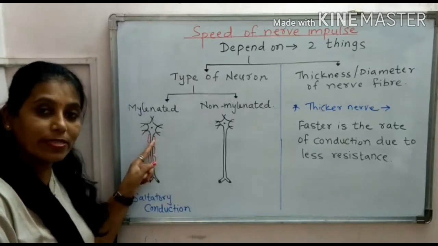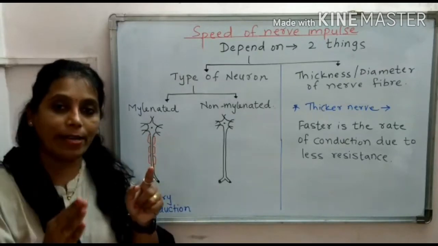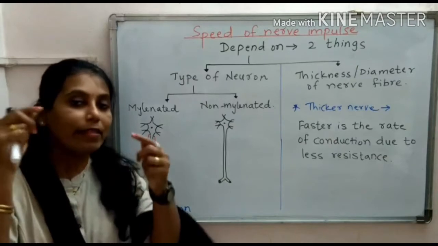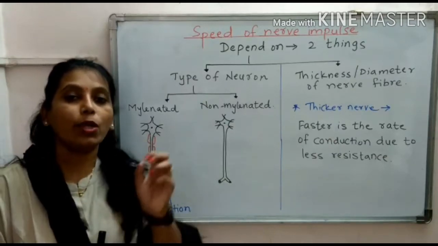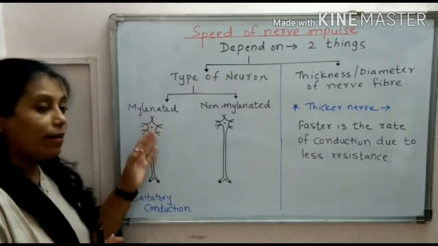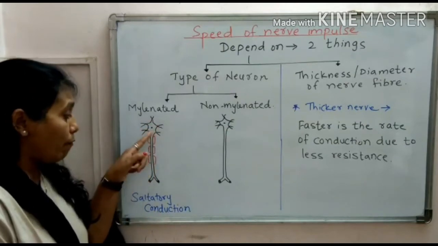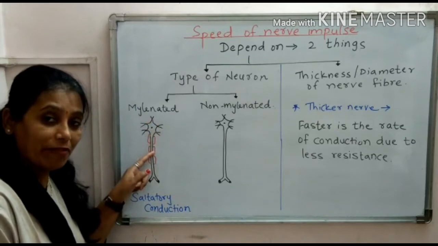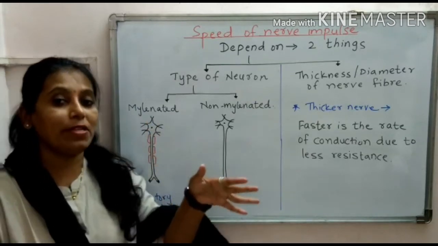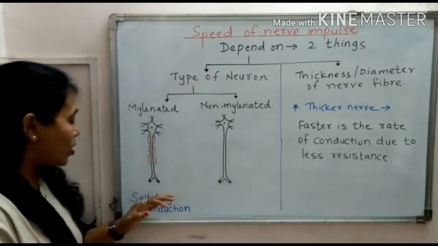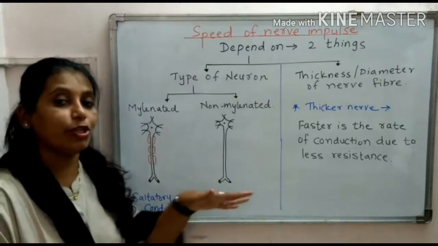Here the sheath is present, but this sheath is not continuous. It is interrupted. That interrupted portion is called node of Ranvier. So here the impulse directly jumps from one node of Ranvier to another node of Ranvier. Such carrying of the impulse is called saltatory conduction of impulse.